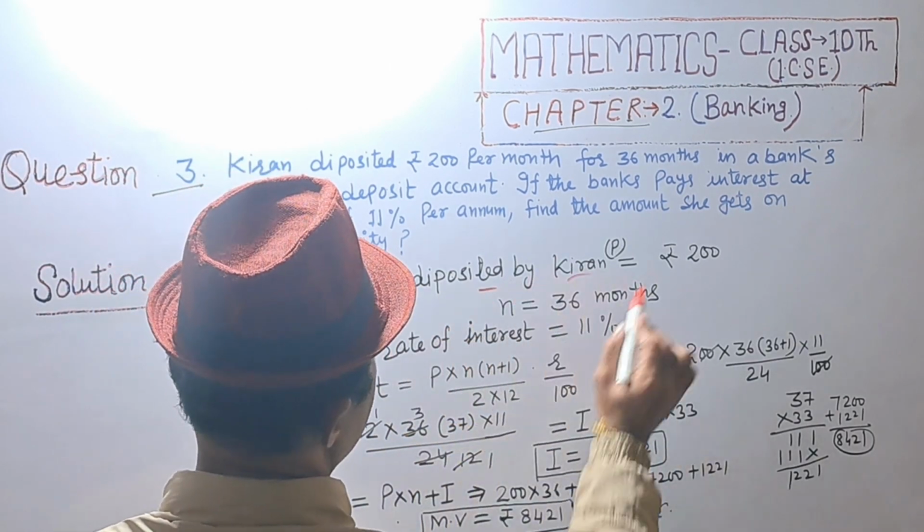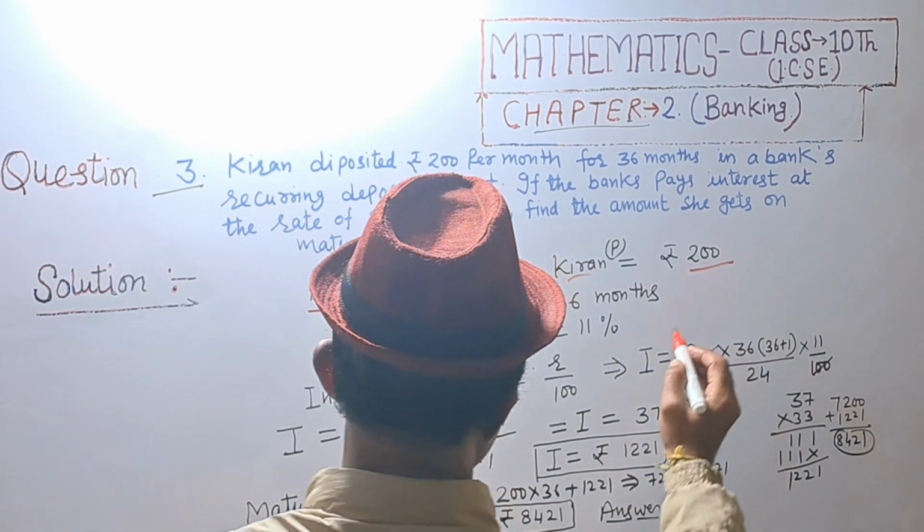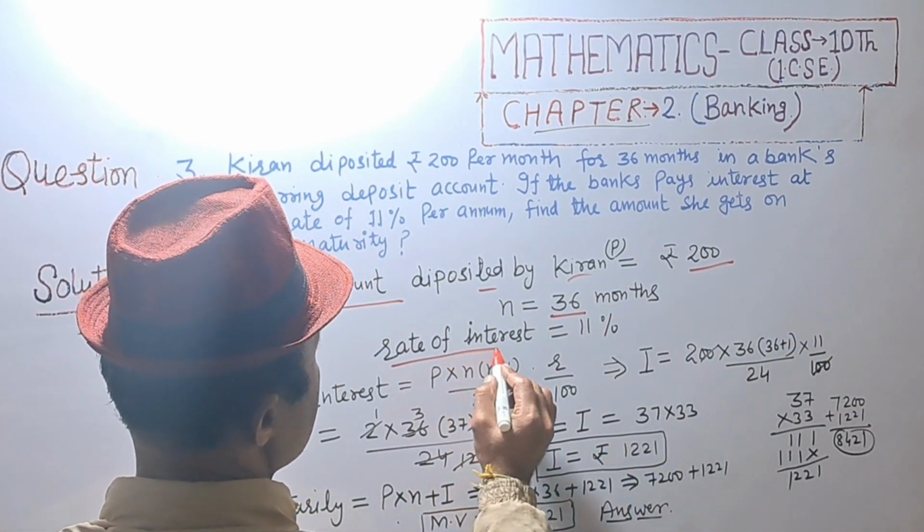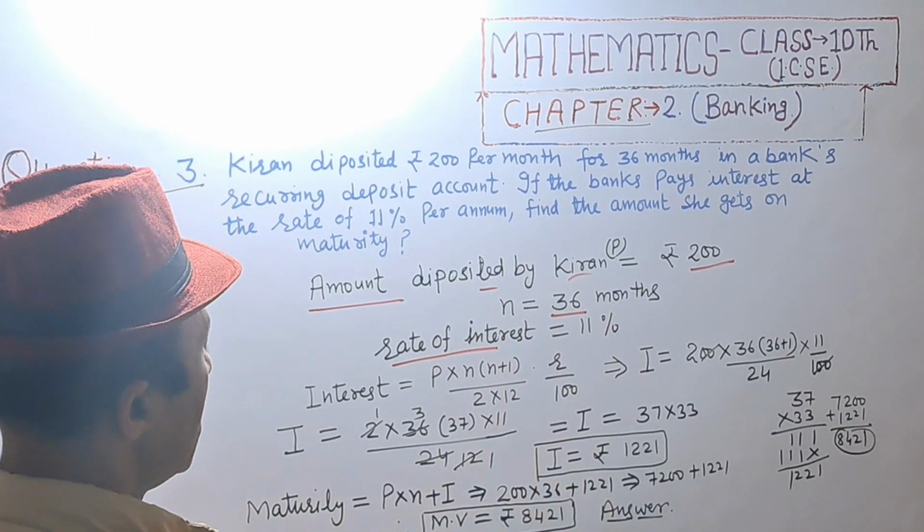Amount deposited by Kiran is equal to 200 rupees and N is equal to 36 months. Rate of interest is equal to 11%.